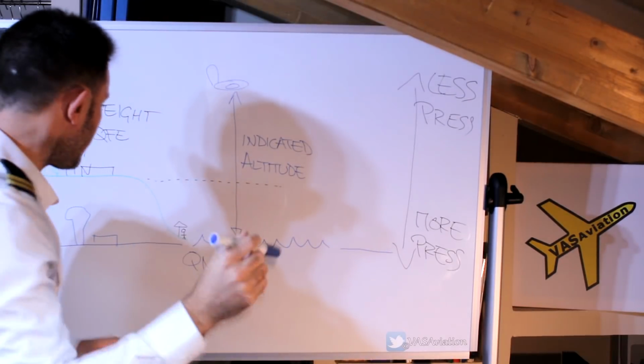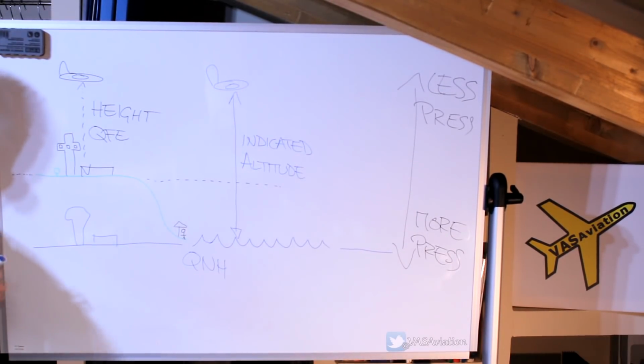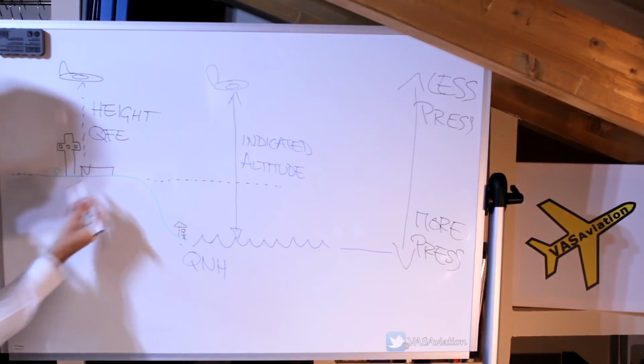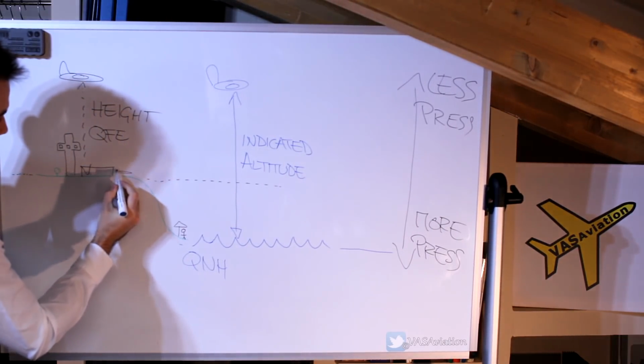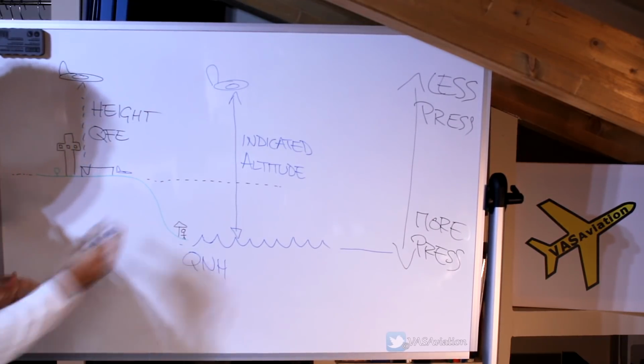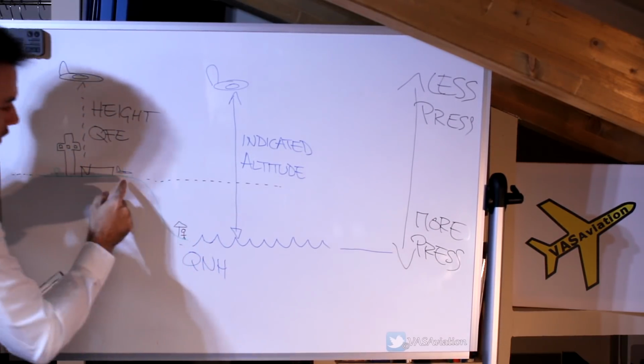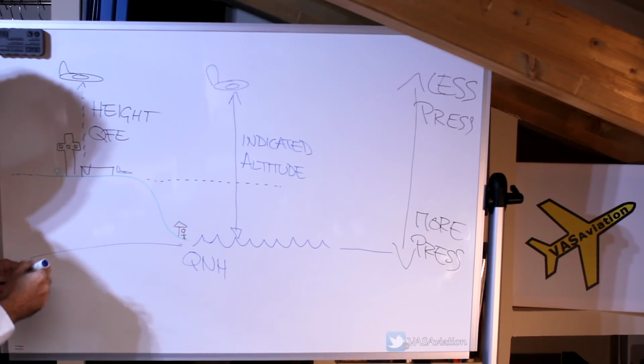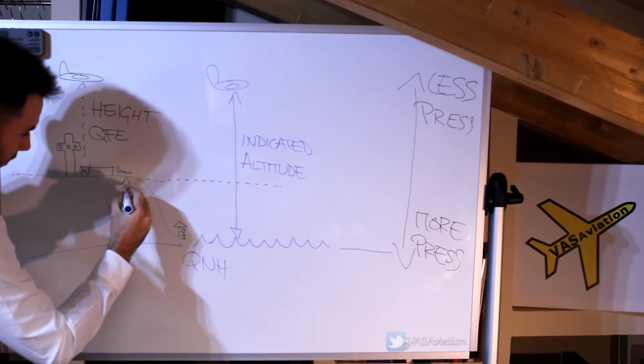So imagine our aircraft is now sitting on this airport. We are here. And we have our QNH. Now the difference between our aircraft and the QNH datum is this distance.